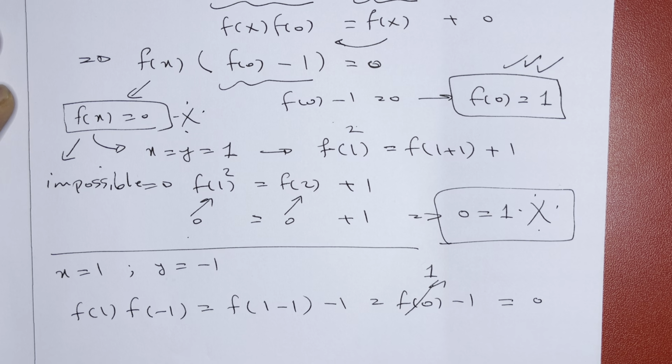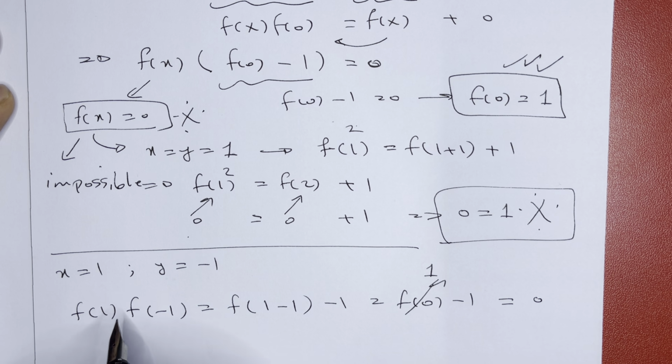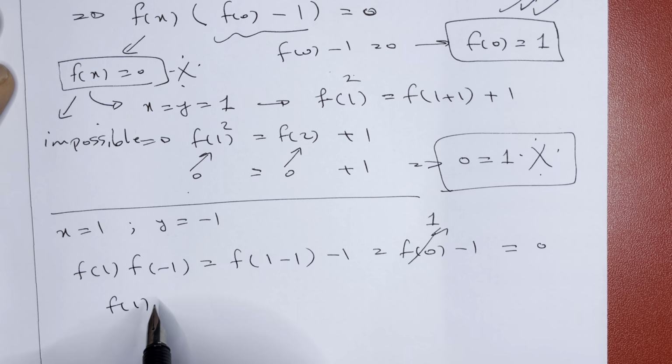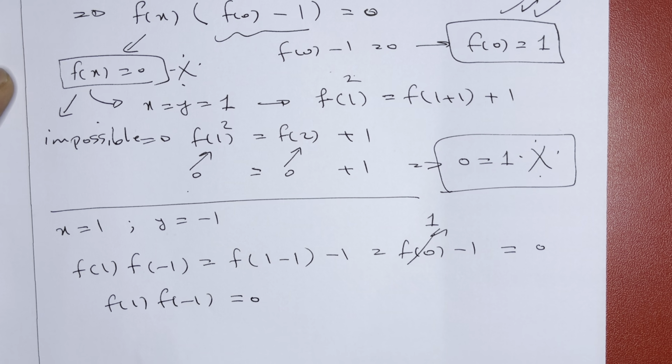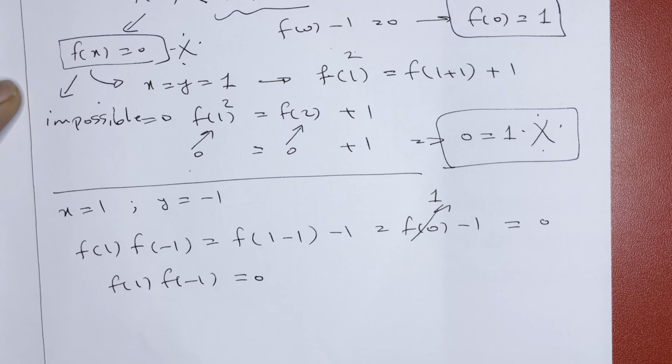That means f(1) times f(-1) is 0. Same scenario, either one of them is going to be 0. So now I'm going to keep this relation and work on this here.